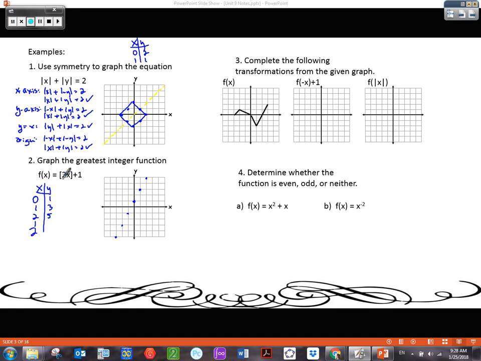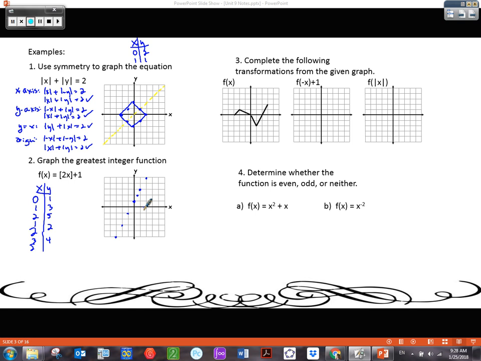Well, 2 times a half is 1, and the greatest integer of 1 is 1. 1 plus 1 is 2, so at 1/2 I'm at 2. So it looks like at all of the half points I'm up. If we wanted to test that again, that's like 1.5, or 3 halves. 3 halves times 2 is 3. 3 plus 1 is 4.